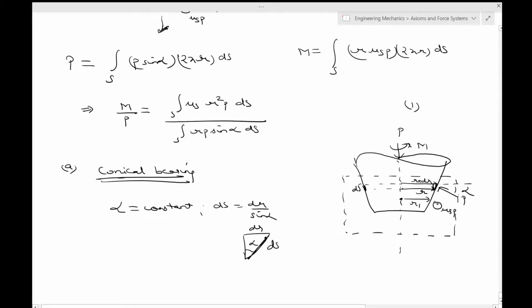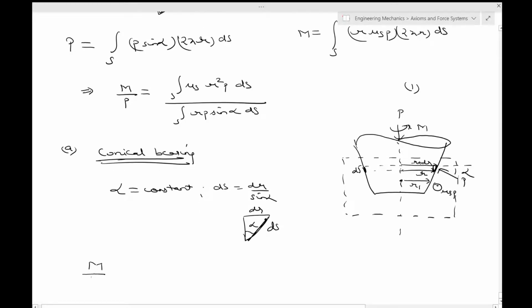Now once you make these substitutions, M by P, meaning the actual torque needed for impending rotation of body 1 under this thrust, would be equal to the integral from r1 to r2 of mu s, because it's impending rotation, r dr by sine alpha, over the integral from r1 to r2 of r p dr. This is equation 2.